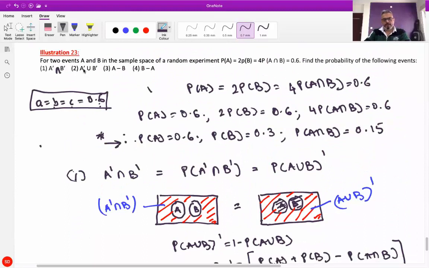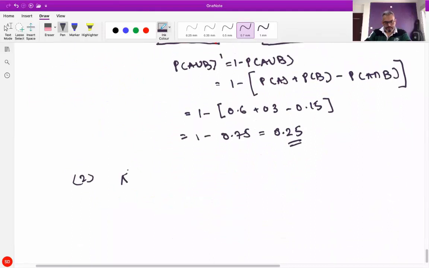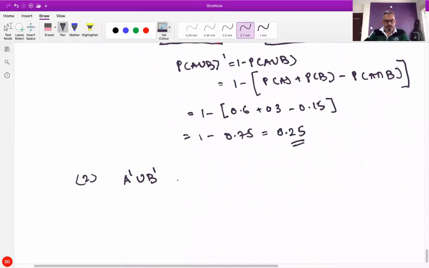The second one is A complement union B complement. Now the probability of A complement union B complement is equal to the probability of (A intersection B) complement.